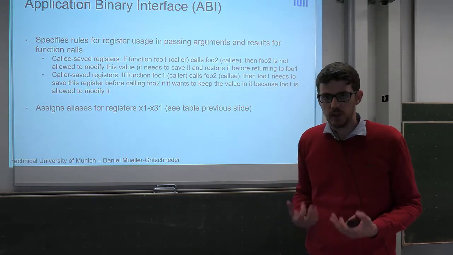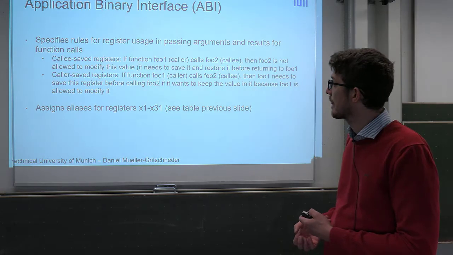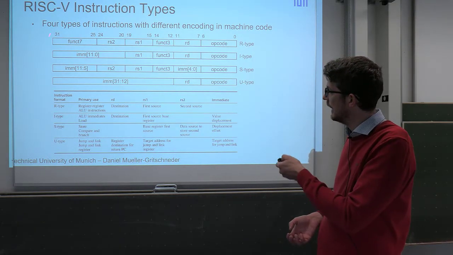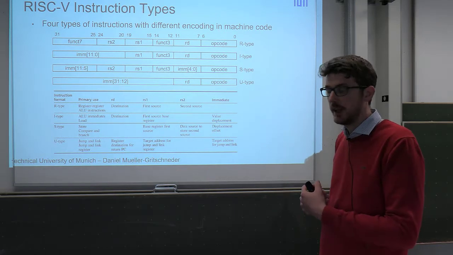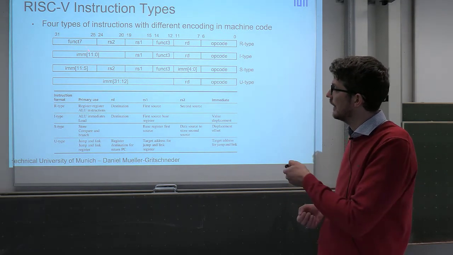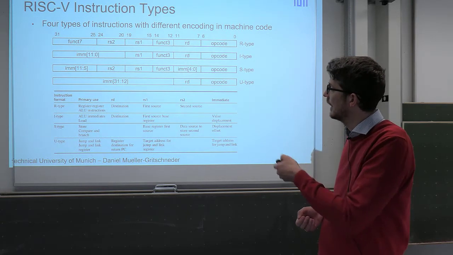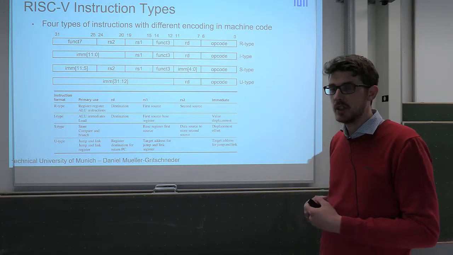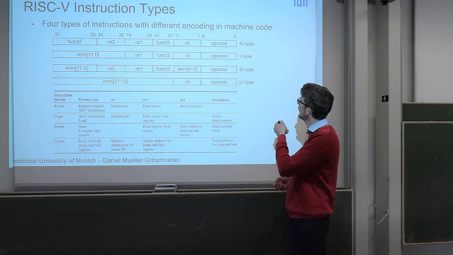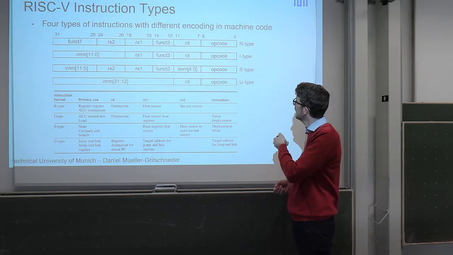Now we can go and look into the instructions. So the instructions, they are basically in the encoding, right? There are 4 types. RV32 has 32-bit wide instructions. And now we are looking at how this machine code looks. And there are different formats for this machine code. This is called R-type, I-type, S-type, and U-type.